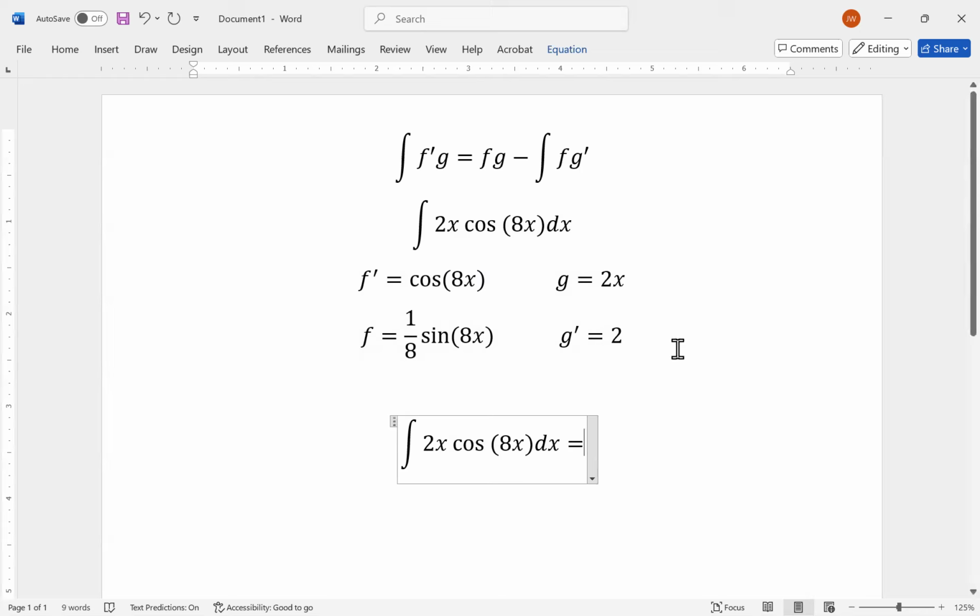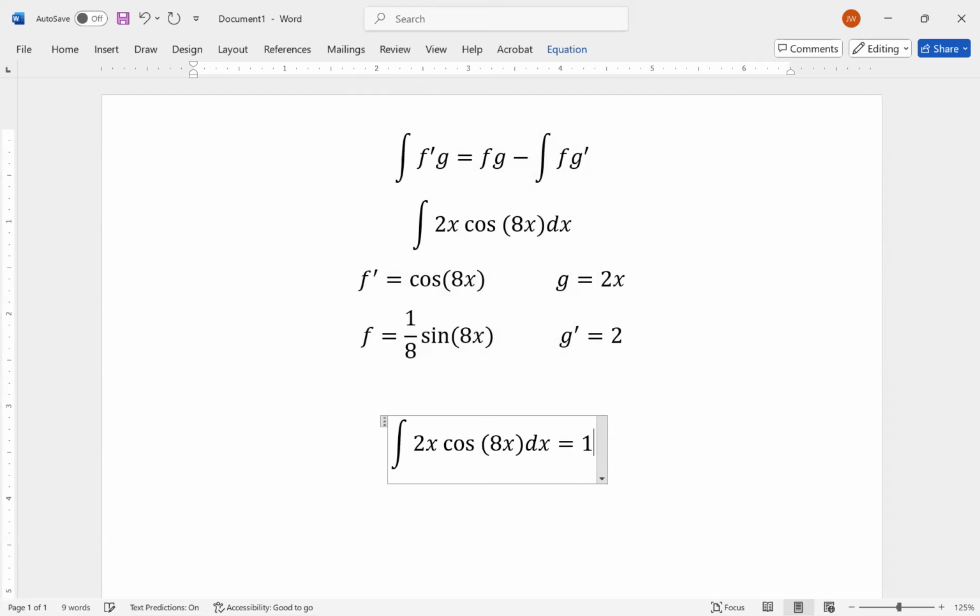This cosine of 8x times 2x integrated is going to be f times g. The f is 1/8 sine 8x. The g is 2x. I'm going to multiply that together immediately, and I'm going to rewrite it as 1/8 times 2 is 1/4.